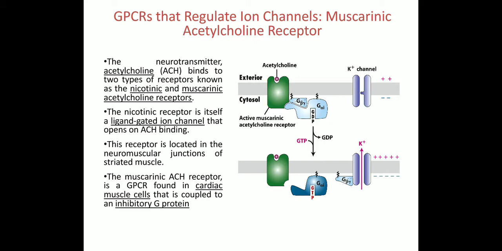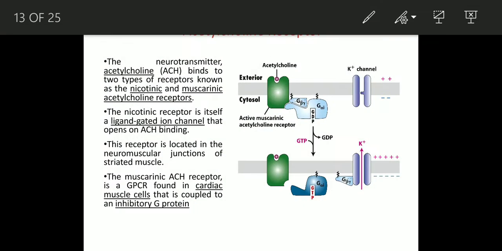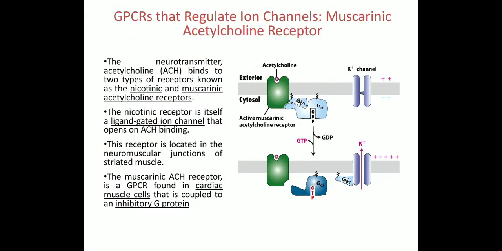Neurotransmitter binding to these receptors causes the associated ion channels to open or close, leading to changes in the membrane potential. Some other neurotransmitter receptors are G protein coupled receptors that indirectly modulate the activity of the ion channels via the activation of secondary messengers.